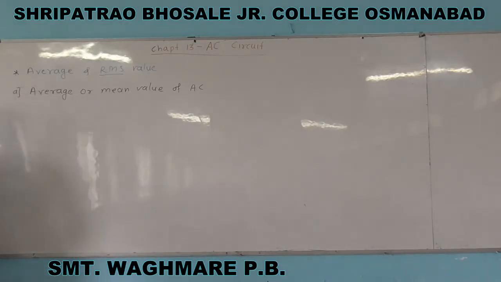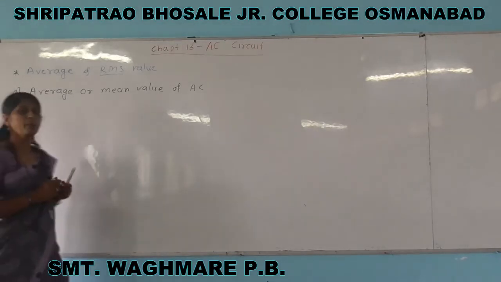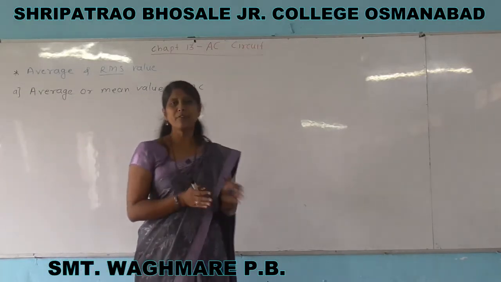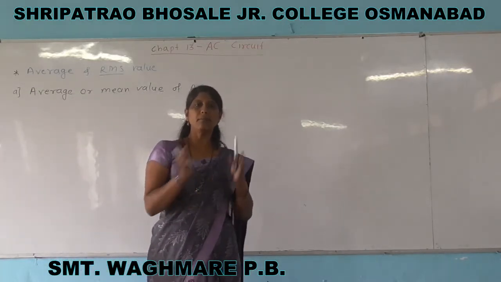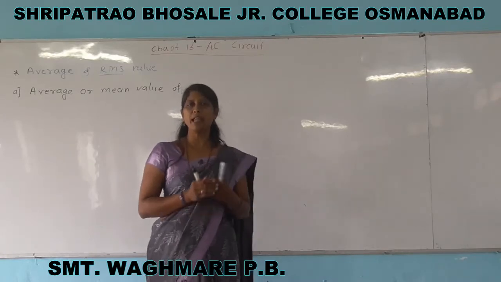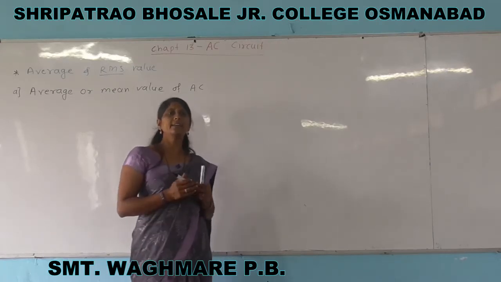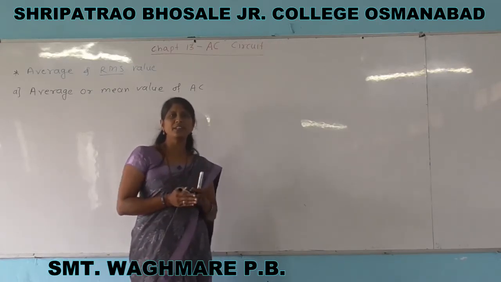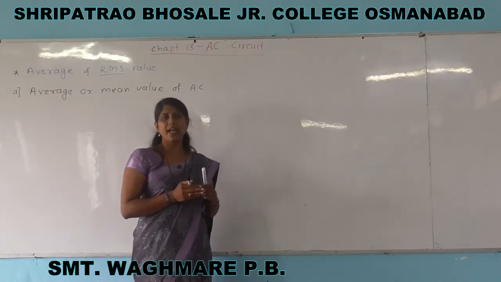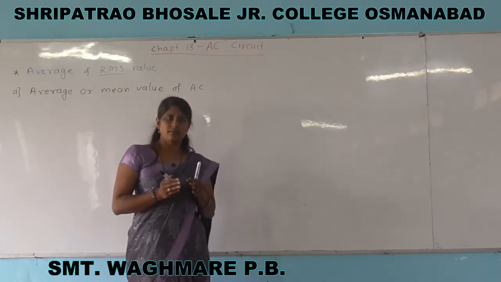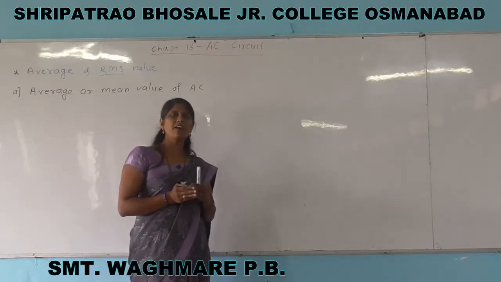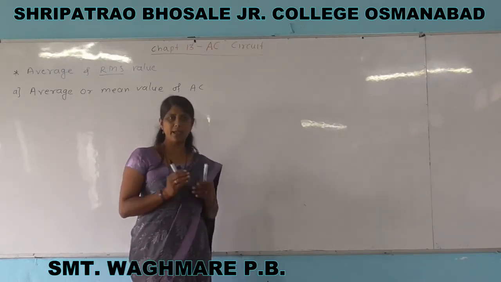You can see this point A. We know that the peak value of alternating current or EMF is the maximum value. The peak value of current is the maximum value of current, and the peak value of EMF means the maximum value of EMF. The maximum value of EMF is denoted by E naught, and the maximum value of current is denoted by I naught.